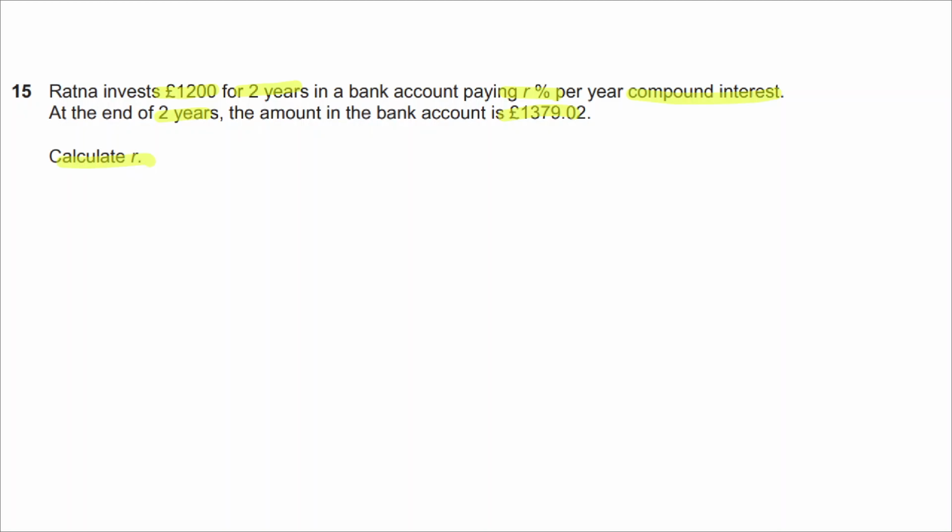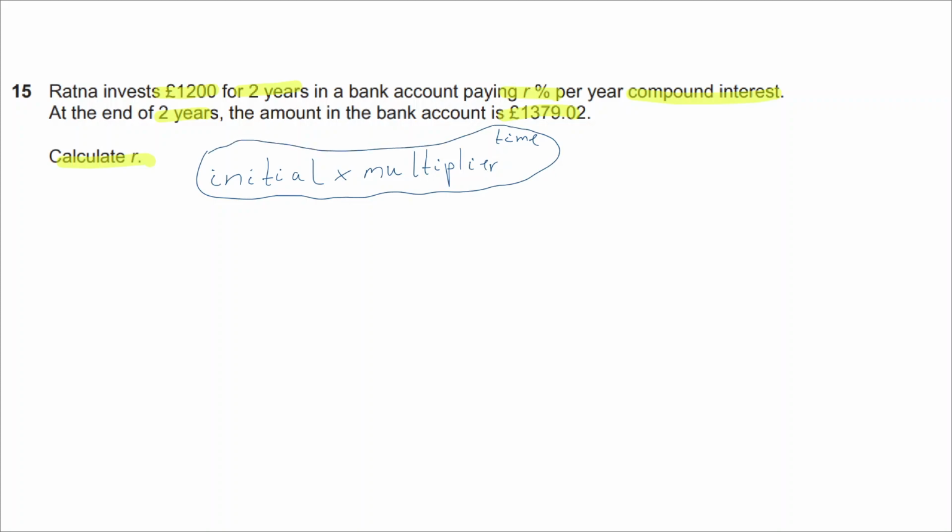So important that we know that for compound interest, you've got your initial starting amount, you times it by the rate of interest or the multiplier, and that is all to the power of the number of years or time.